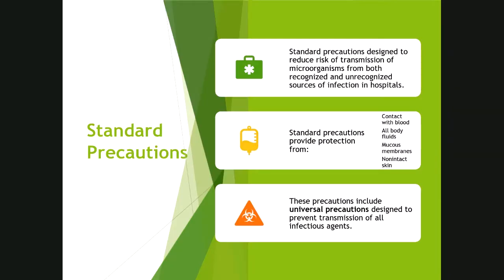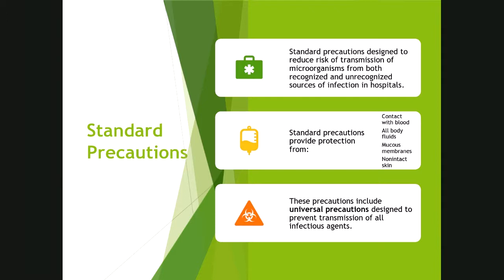Standard precautions are designed to reduce the risk of transmission of microorganisms from both recognized and unrecognized sources of infection in the hospitals. Standard precautions provide protection from contact with blood, all bodily fluids, mucous membranes, and non-intact skin, where universal precautions are designed to prevent transmission of all infectious agents.